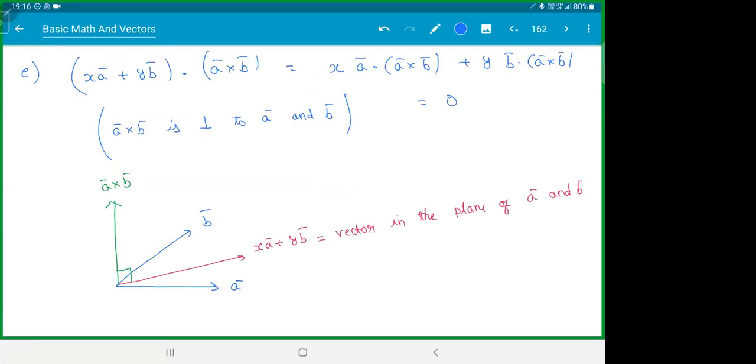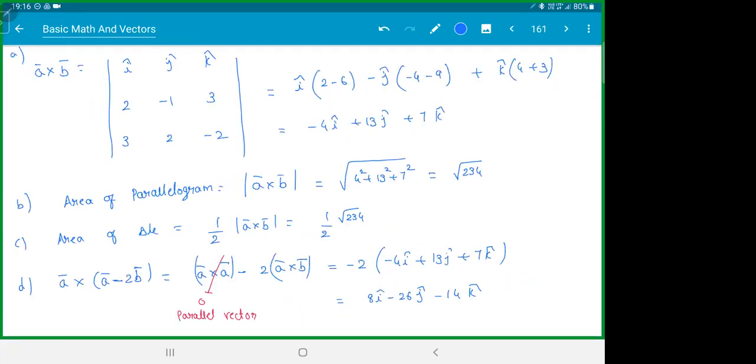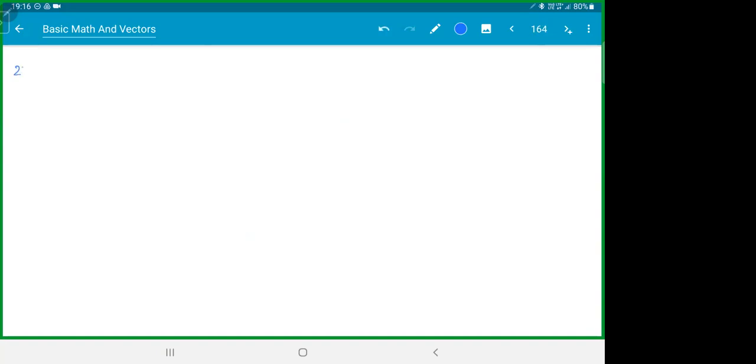Perfect. Next one. So there I just dumped all the questions in that one. Let's say we have a triangle with vertices 2, 3, 4, and 1, 2, 1, and minus 3, 1, 1. Find the area of this triangle.